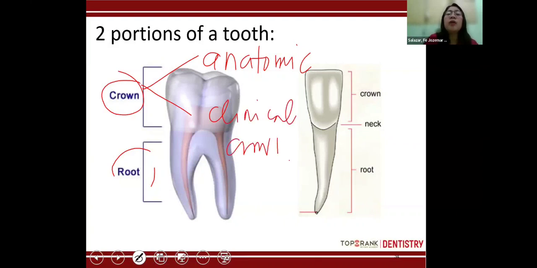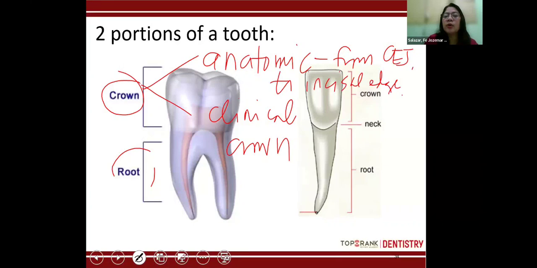Now, how do you differentiate between the two? So, the anatomic crown, what is that? From CEJ to incisal edge or occlusal surface.